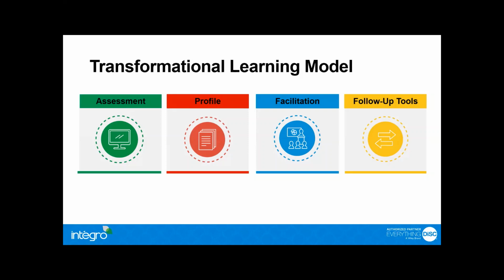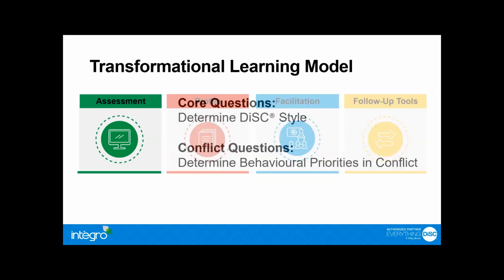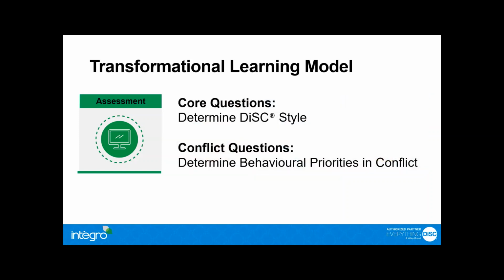There's a facilitator's guide, and that's fully scripted, just follow the program, and of course video built into the PowerPoint. And then follow-up tools, tools that can help a person to continue to apply this after they've been through the learning experience.